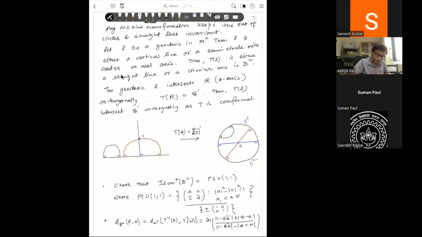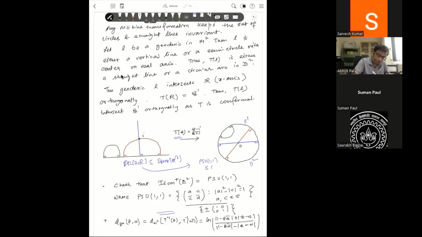Again, you know PSL2(R) is a subgroup of the isometries of this upper half plane. Using this T, you can show that PSL2(R) will go here to PSU(1,1), which I have defined here.